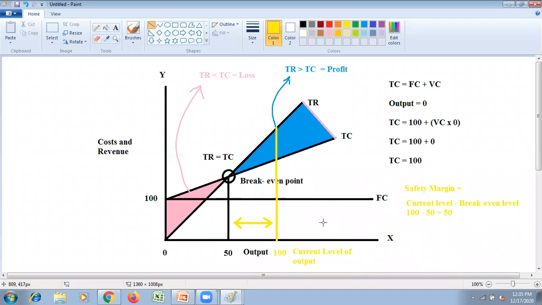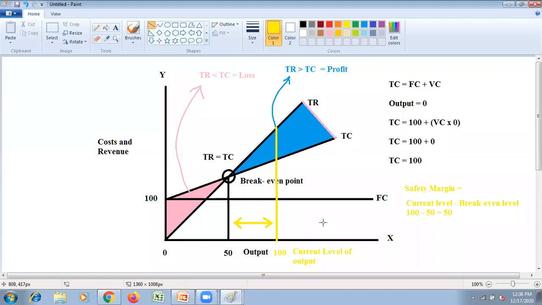So you need to understand that even if your sales are falling, if you have a safety margin, maybe we are still at a profit. It tells how much sales the business can lose in terms of units before suffering losses. This is our safety margin.